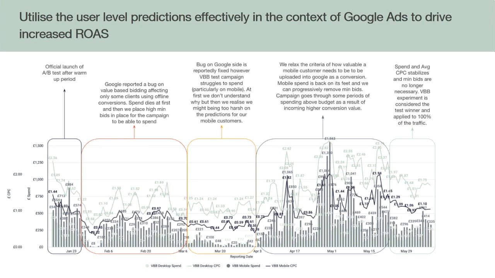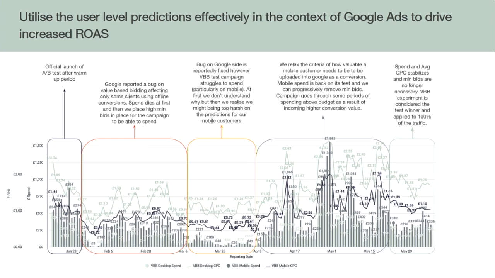So although our model was correctly calculating the average probability for desktop and mobile, aligned with the reality of our business, the likelihood of a mobile customer making it to the top 5% was much lower than a desktop customer.